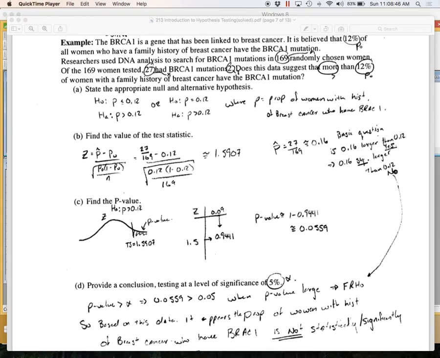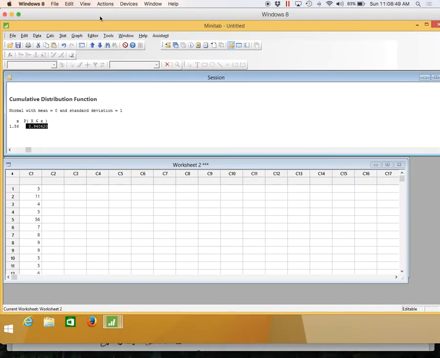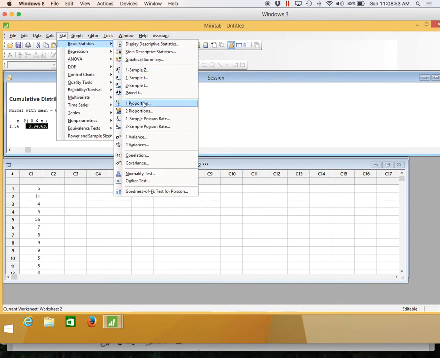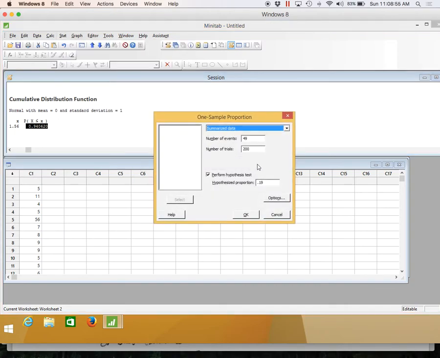Let me show you how we can do this in Minitab. When we go to Minitab, we go to Stat. We go to Basic Stats. We're talking about proportions. You've got two options. Are my data in a column? No. Do I have summarized data? Yes. The number of events here, let me find my notes.